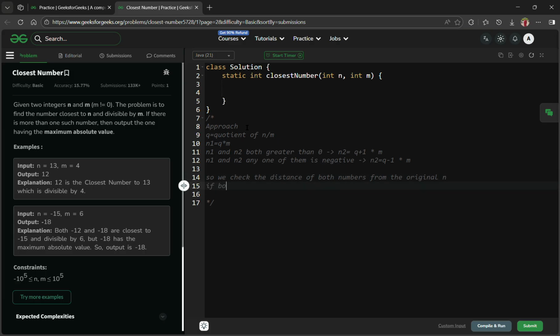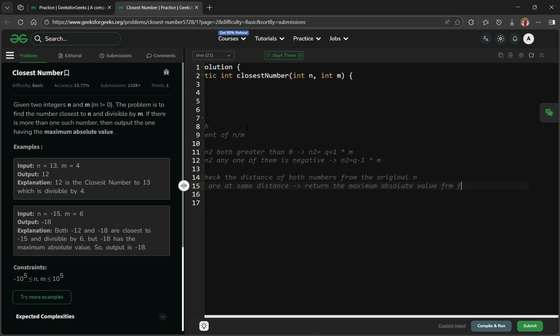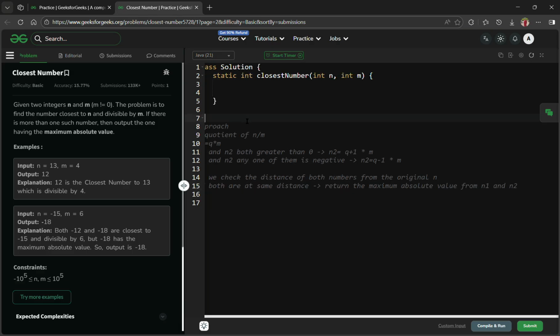If both are at the same distance, then return the maximum absolute value from n1 and n2. That's it. This is the small approach we are going to use.